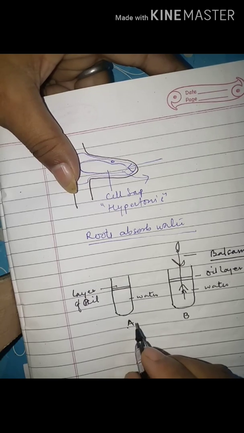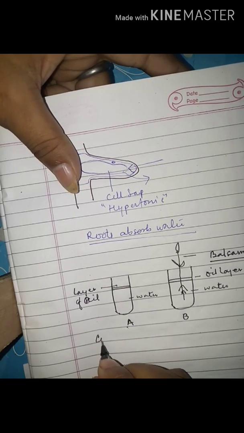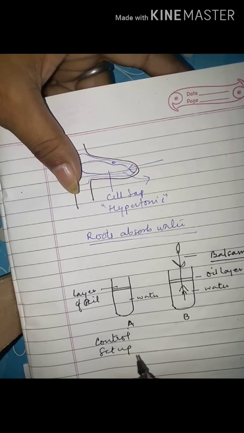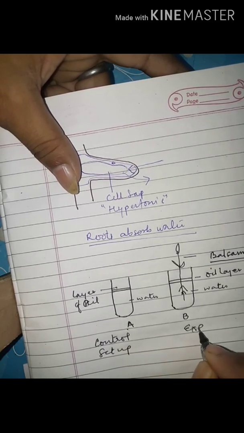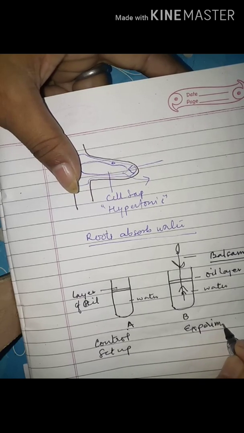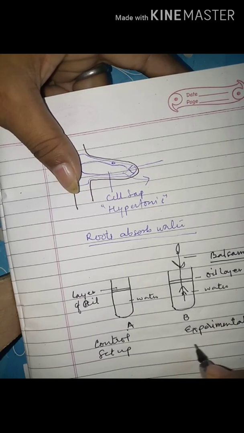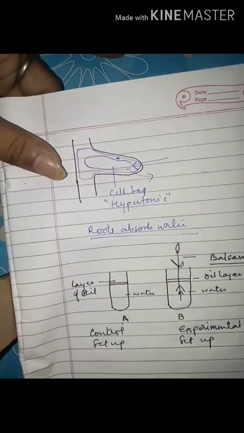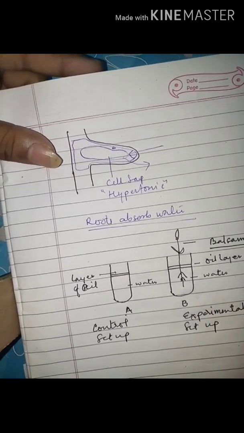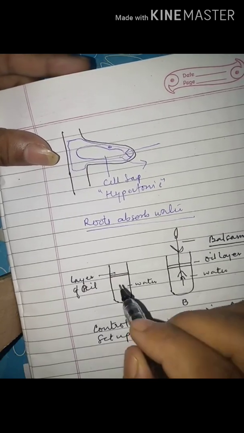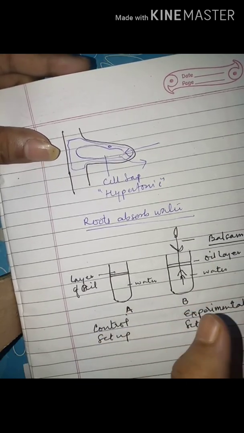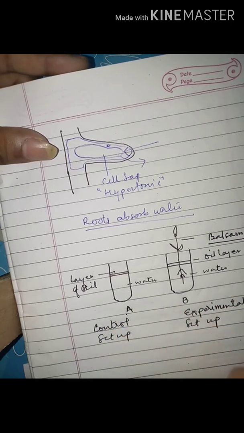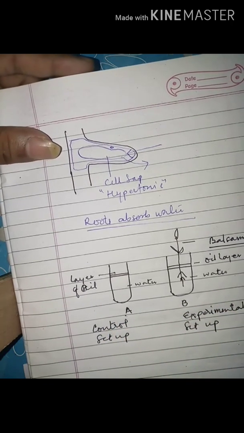Test tube A is said to be the control setup and test tube B is said to be the experimental setup. Clear? After having this setting, leave them for 1 to 2 days.